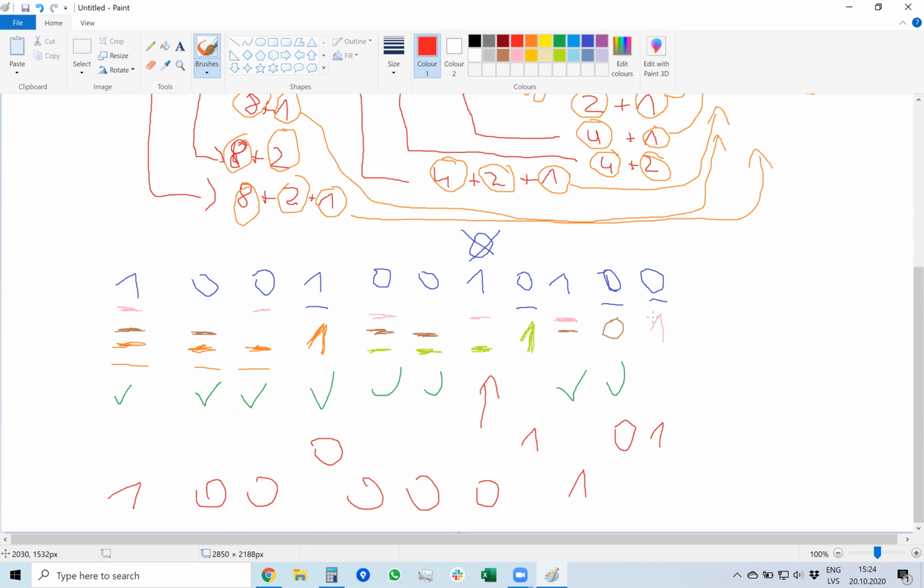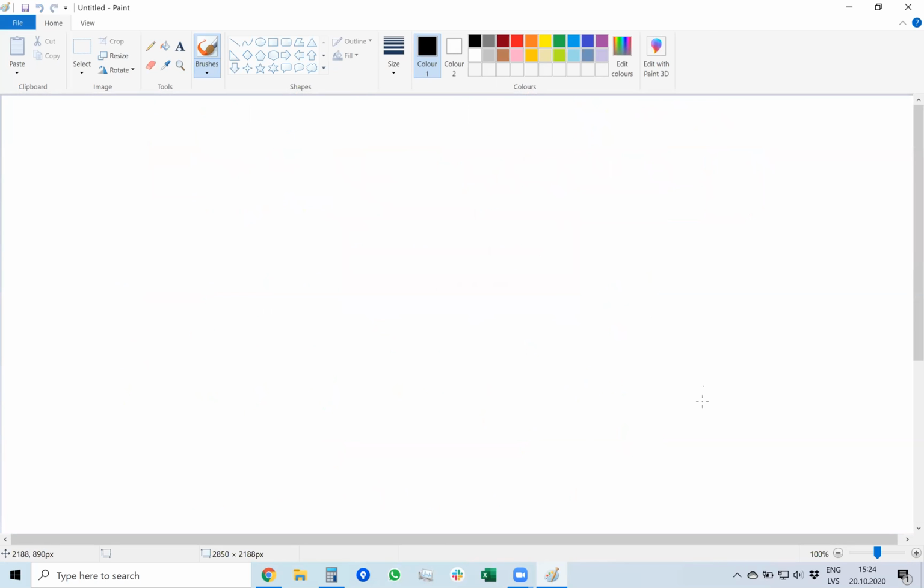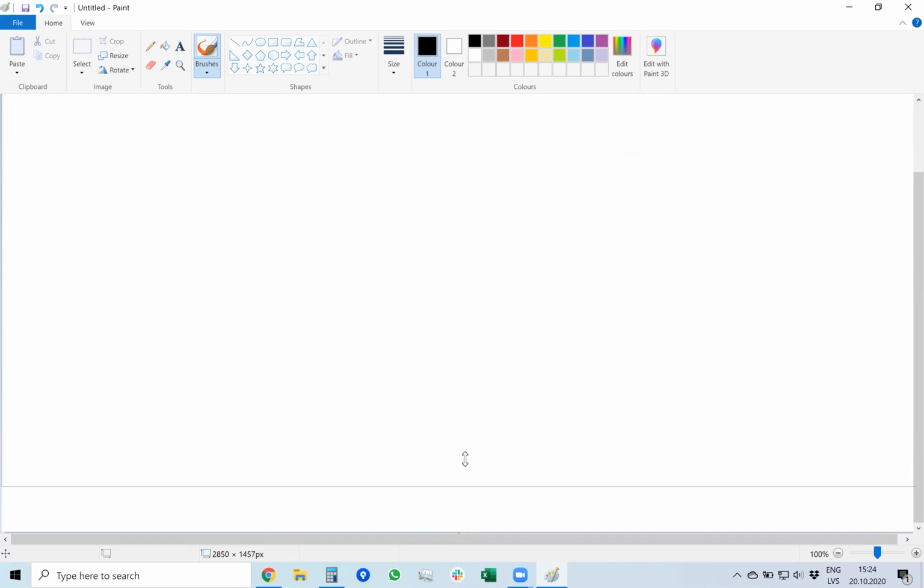But we can do a little comparison between our naive 1 to 7 conversion and the Hamming code, for example, which is 7 to 1.